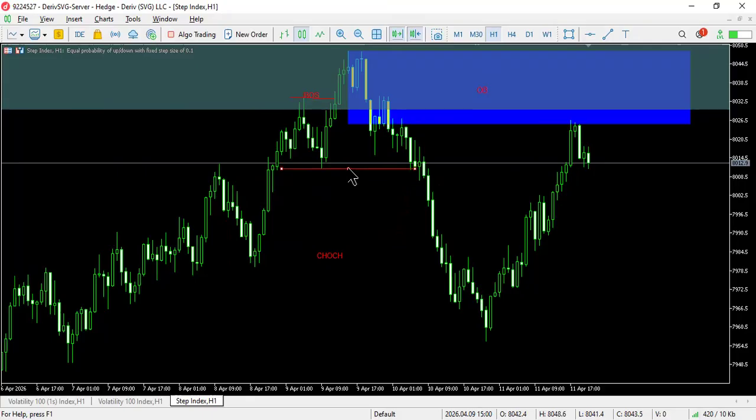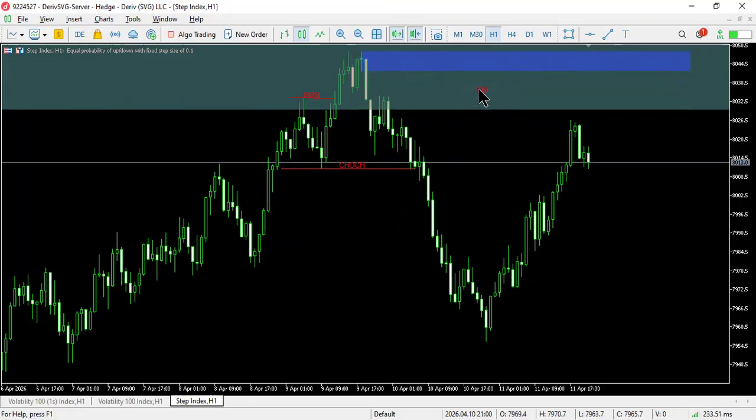The sellers broke this higher low, and the order block which caused this change of character is that order block right there. That is the one that we'll be targeting.